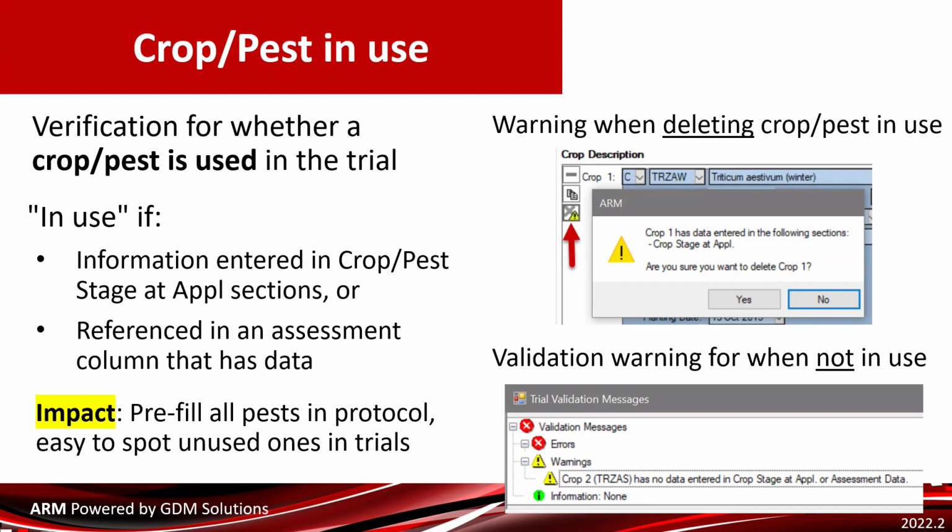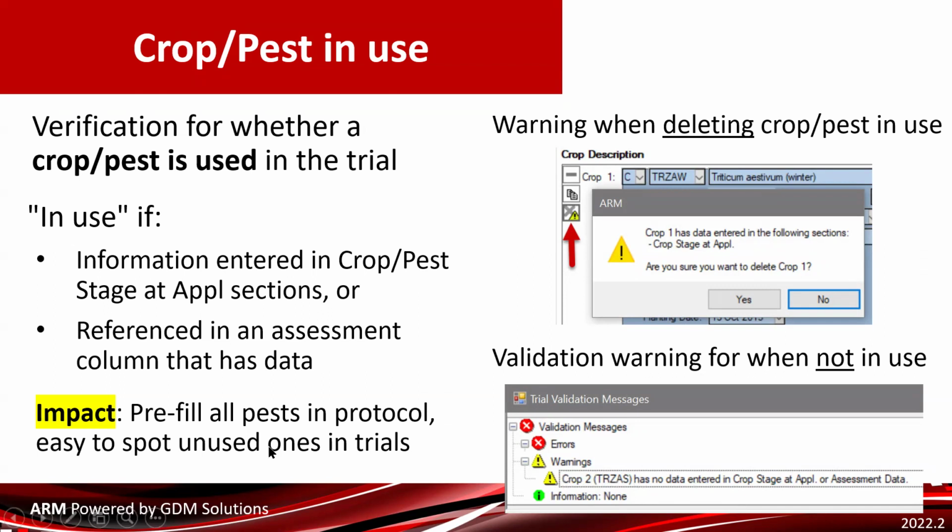And if neither of those locations ever reference those codes, then there'll be a warning. It won't be an error, but just a warning to notify that there was no data associated with that crop or with that pest.